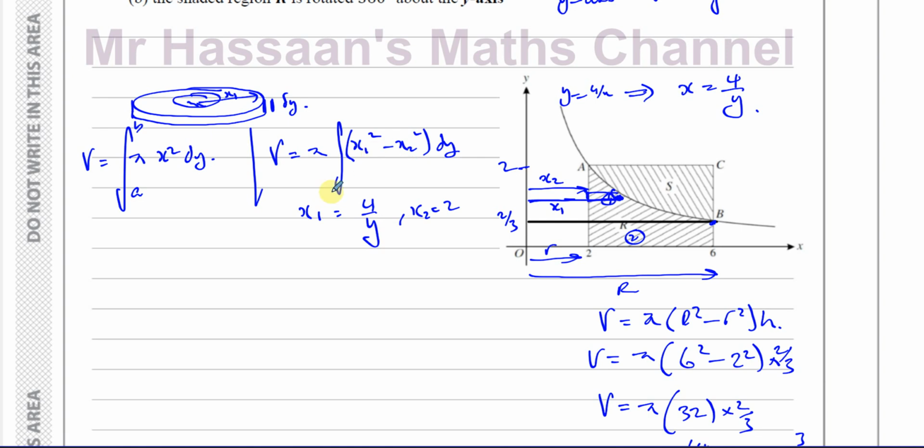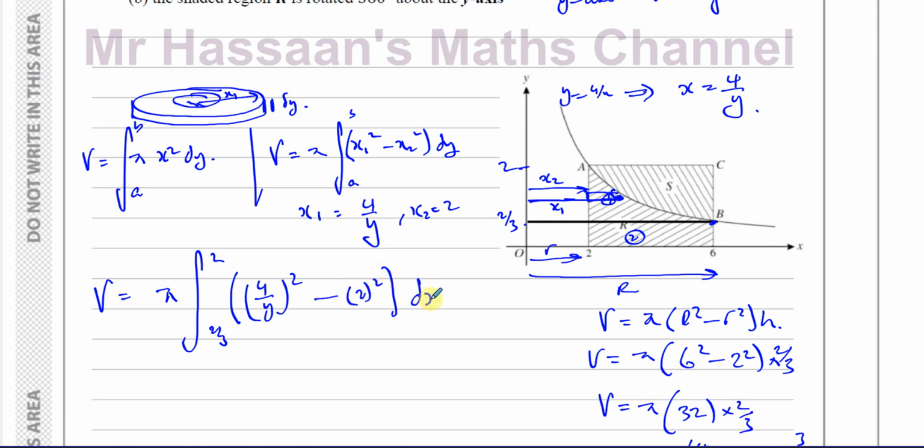Now we're going to say V equals pi times the integral between the limits a and b, which in this case are 2/3 and 2, of x1 squared, which is 4 over y squared, minus x2 squared, which is 2 squared.